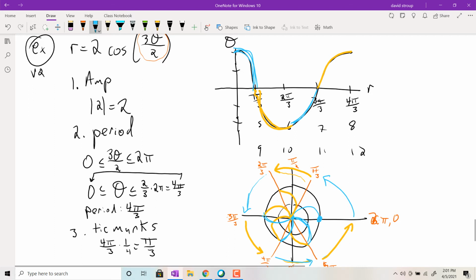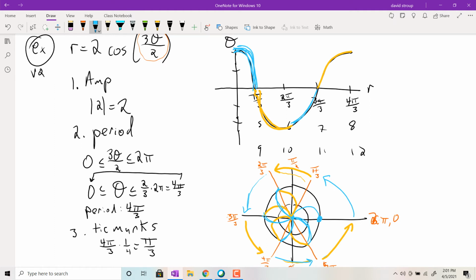And then from 8 to 9, it'll decrease back to 0. So we're back kind of to the start of our curve, the sine curve part, in the r theta plane. But anyways, I'm going from 2 back to 0, like that.